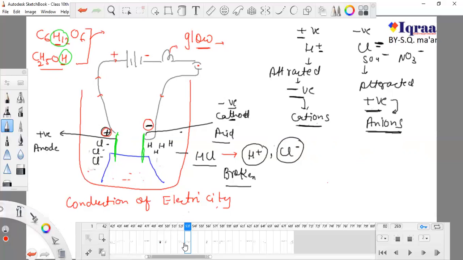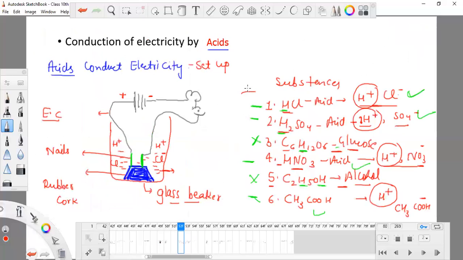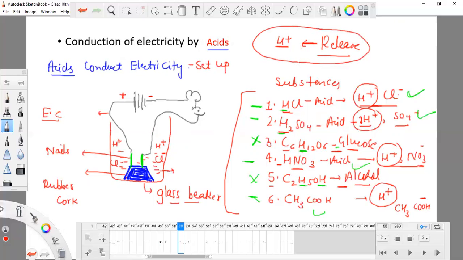The important thing is that they should release H plus ions, and only when they release H plus ions are they considered acids. So glucose and alcohol are not considered acids, because despite having H, they cannot release their H plus ions.